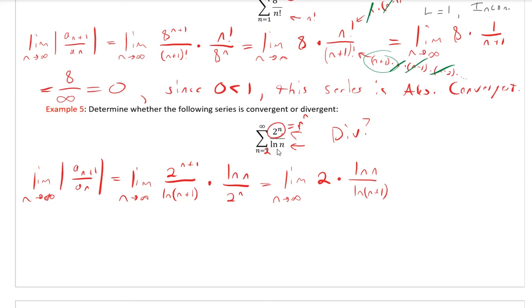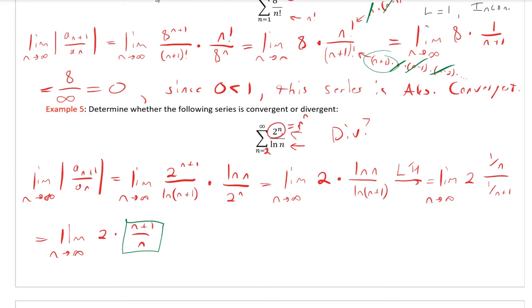Now you can probably expect what this goes to, but if you're not sure, you can always do L'Hopital's. So we could do L'Hopital's on this, because it is technically indeterminate. Natural log of n will become 1 over n. Natural log of n plus 1 will become 1 over n plus 1. So this is the limit as n approaches infinity of 2 times n plus 1 over n.